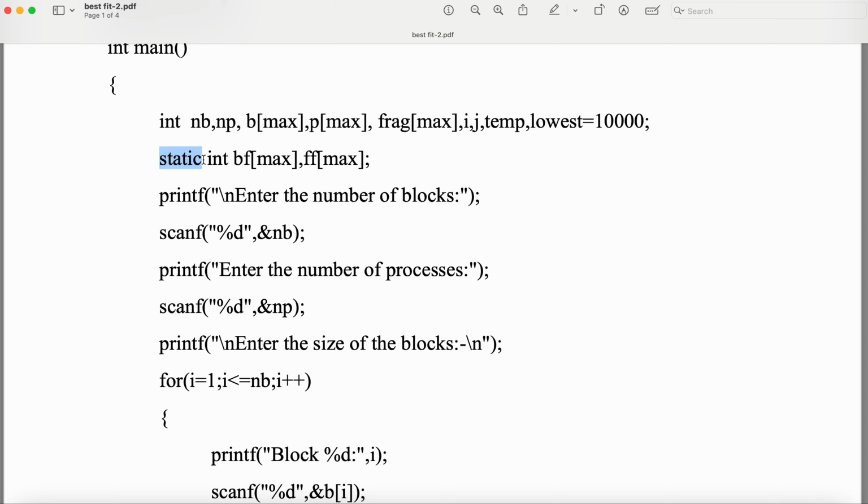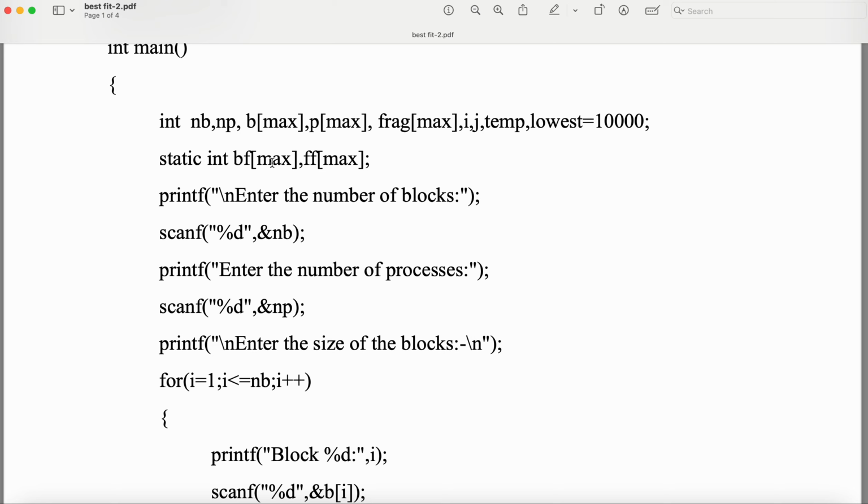The major difference between a local variable and a static variable is that the default initial value of a static variable is 0. Here initially I want to store 0 in BF of 0, BF of 1, BF of 2, BF of 3, and likewise in FF of 0, FF of 1, FF of 2, FF of 3 also I want to store 0. That's why we are declaring it as static.